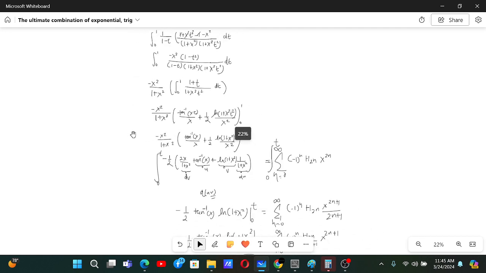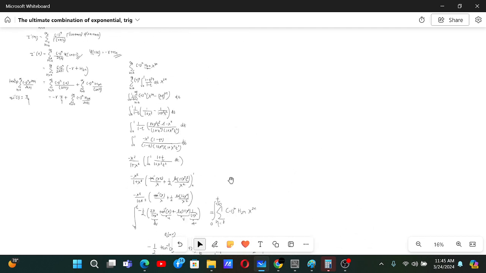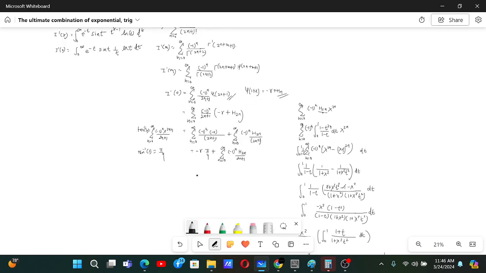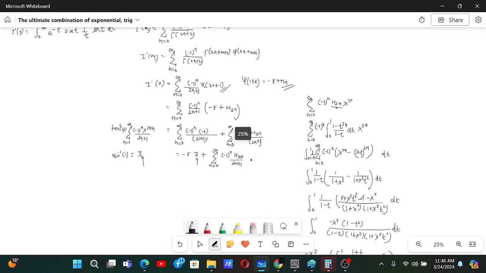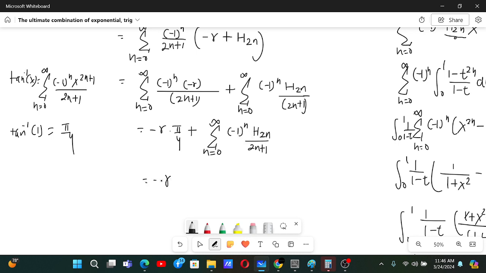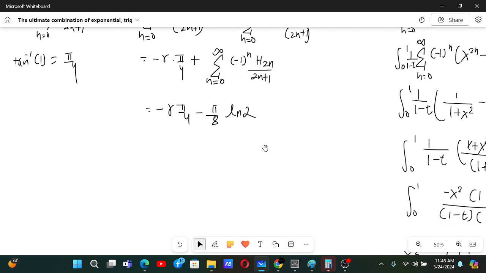So we finally have the result of all of this work. Yeah, this one. And now we know that the other expression is minus... sorry, let me zoom in first. Okay, so this is minus Euler-Mascheroni constant pi by 4 minus pi by 8 ln 2. Let me see if this is correct or not.